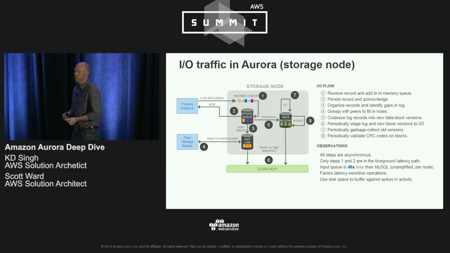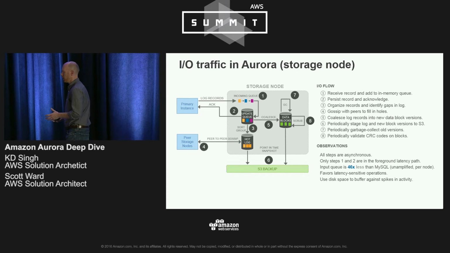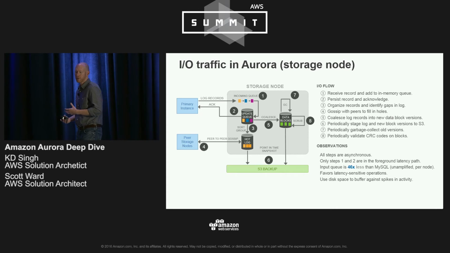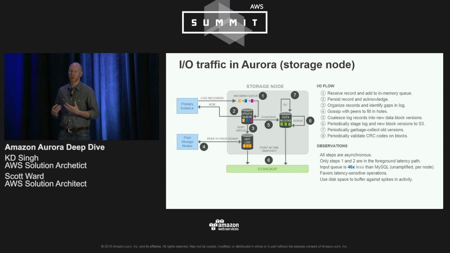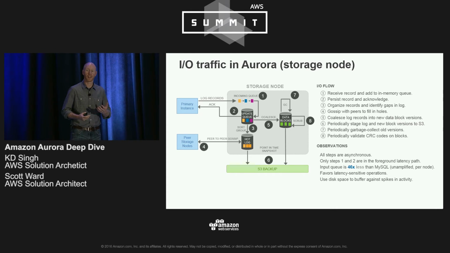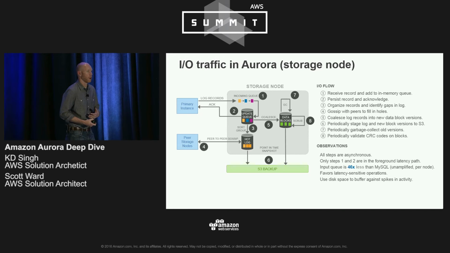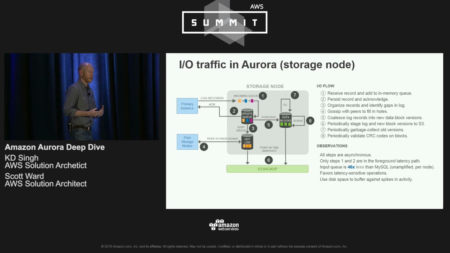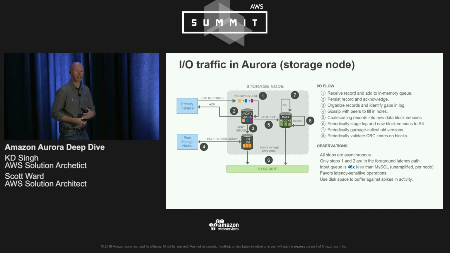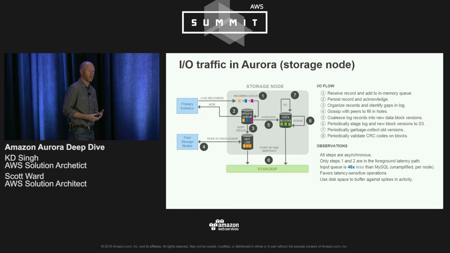So once the storage node has its log files, it's going to start organizing those log files and the records in them, because things can show up out of sequence or not show up at all at times. It'll find out: do I have everything? Am I missing any writes? Is there anything out of sequence?